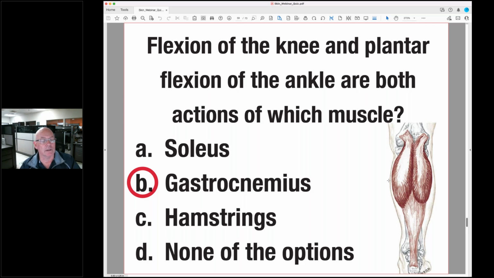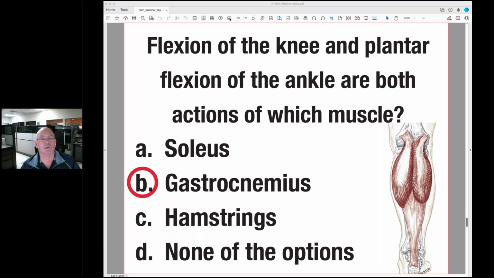The hamstrings do flexion of the knee, but they don't do plantar flexion. Soleus does plantar flexion, but it doesn't do flexion of the knee. Hopefully that makes sense. No, you're good, Natalie. It's fine.